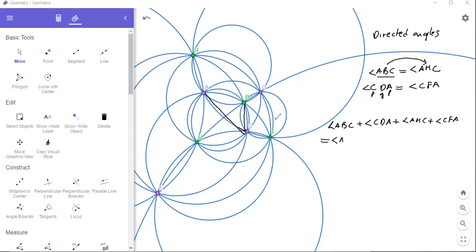So we can write this as ABG plus angle GBC.